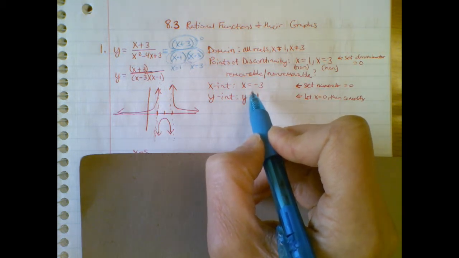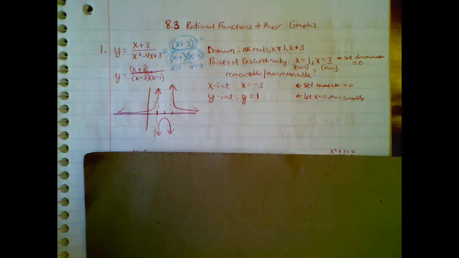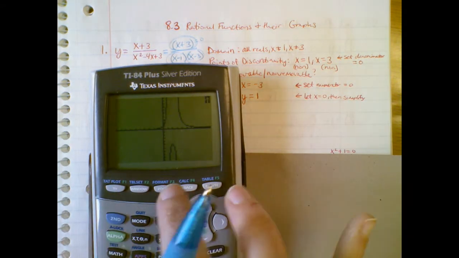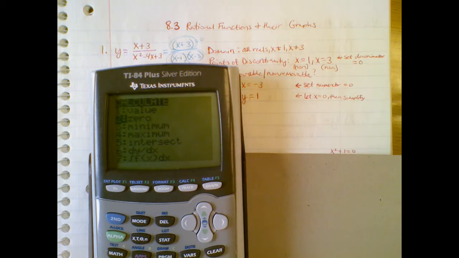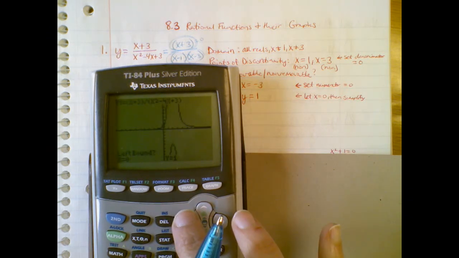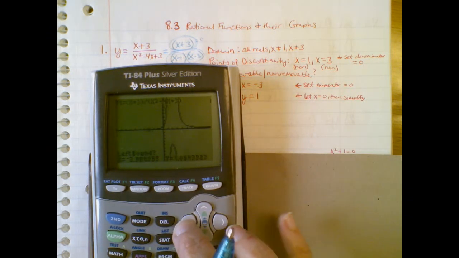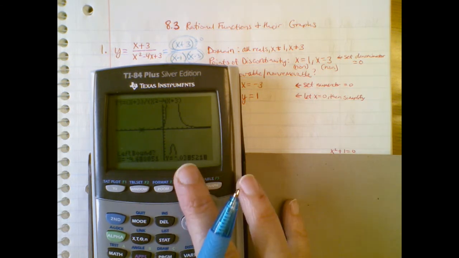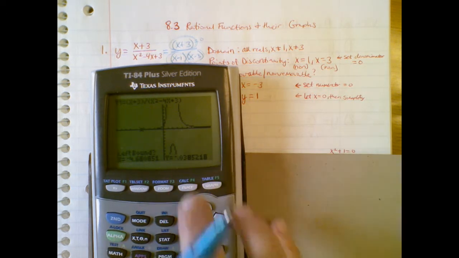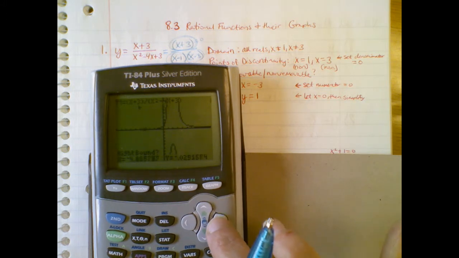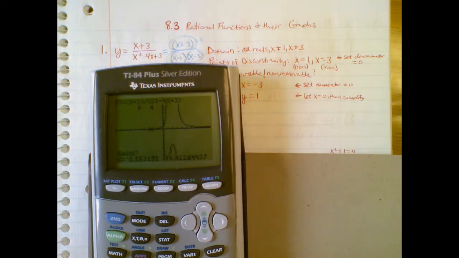Another way, I could look at my graph and do the left bound, right bound. So if I go to second trace, go down to zero, I want to see where it goes below the x-axis, click enter. Then I want to go back above it, click enter, and right here at negative 3 is where it crosses.